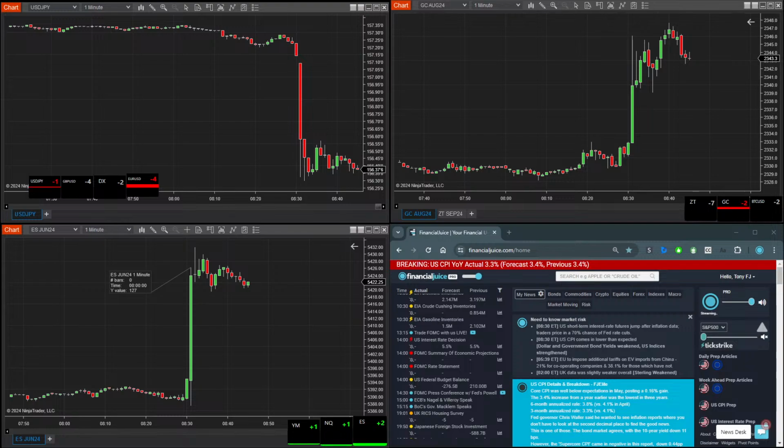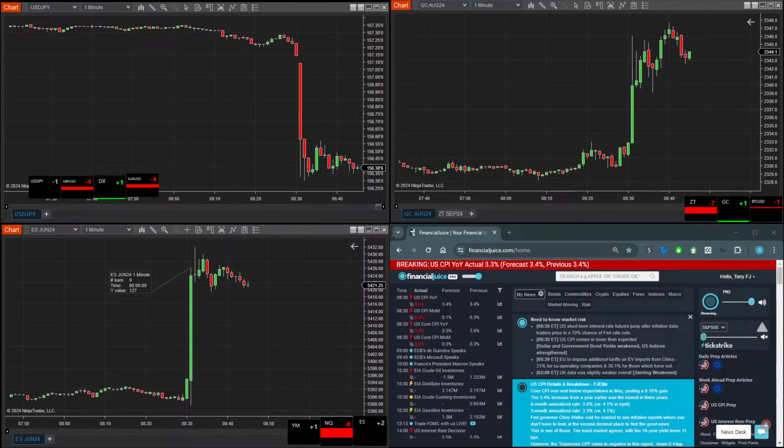Now, TICKSTRIKE. If you're unfamiliar with what TICKSTRIKE is, it allows you to keep up to date with the strength of the buying and selling momentum within the markets, in different asset classes. That could be currencies, FX, stocks, futures, covering all those areas.